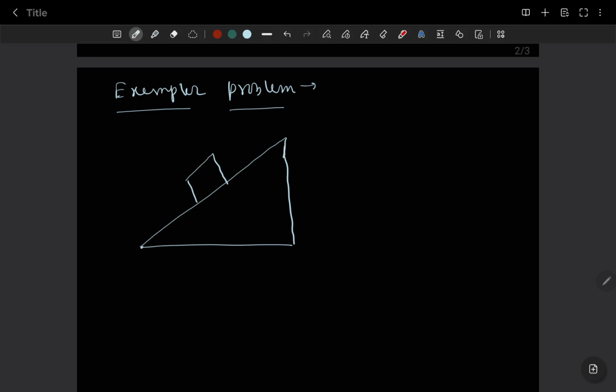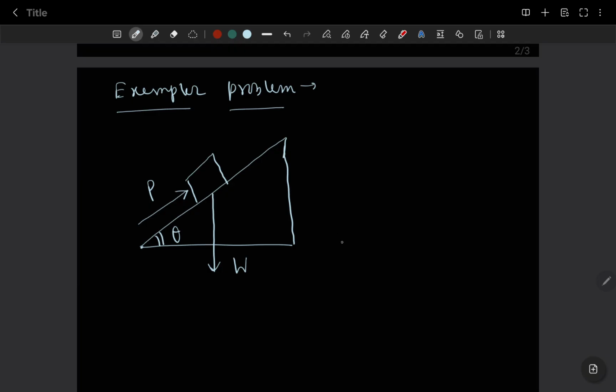This angle is say theta. Now a force P along the inclined plane manages the block to stay at rest on the inclined plane. The weight of this block is W.